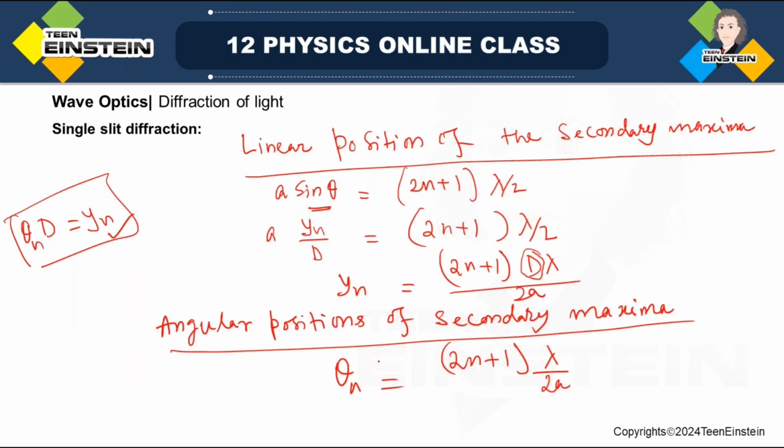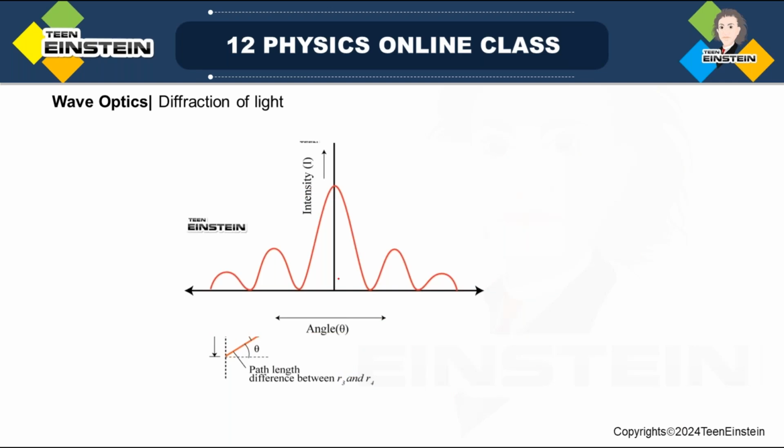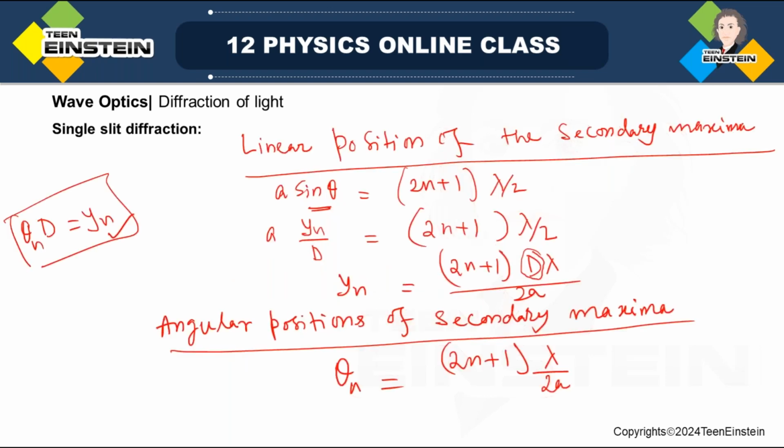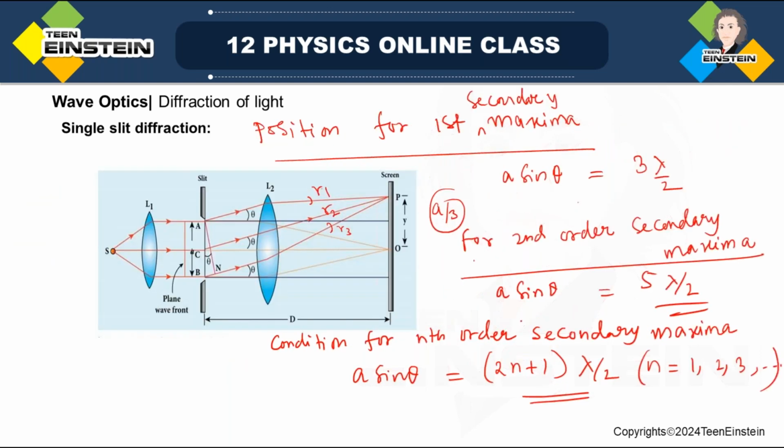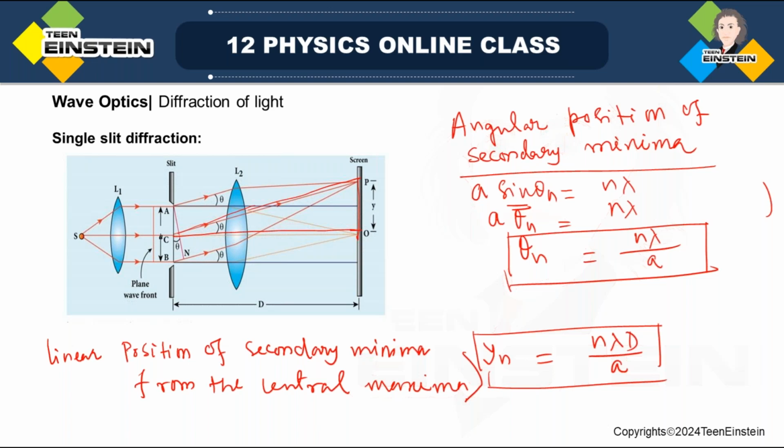Now we can write the angular positions, right? If I say this is 0, what will be the first position for the minima? So this is the angular position, lambda by a.